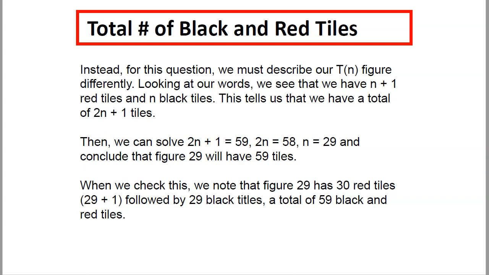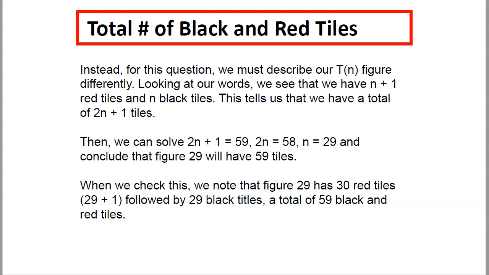Instead, for this question, we must describe our t of n figure differently. Looking at our words, we see that we have n plus 1 red tiles and n black tiles. This tells us that we have a total of 2n plus 1 tiles. Then we can solve 2n plus 1 equals 59, 2n equals 58, and n equals 29.